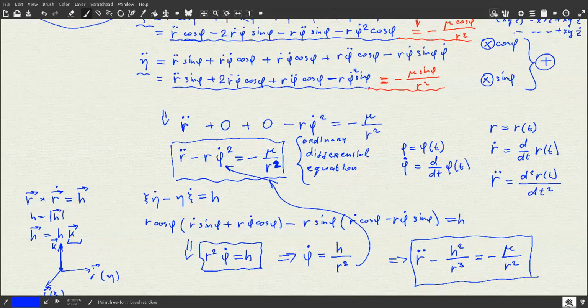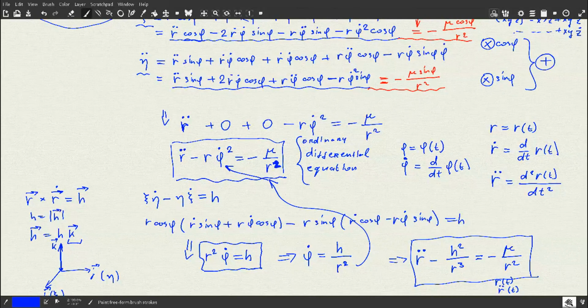What should we do from this point? In general, what we got is yet another ordinary differential equation, and now it is a better one than the first, because this equation only contains r of t and r double dot of t.